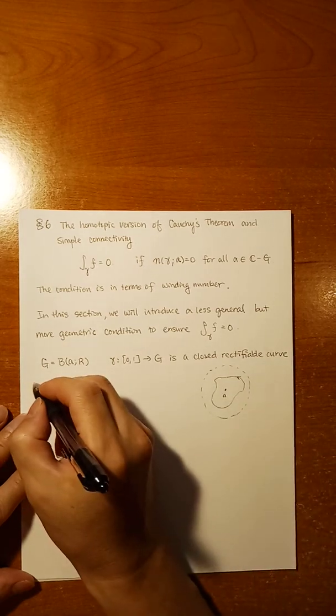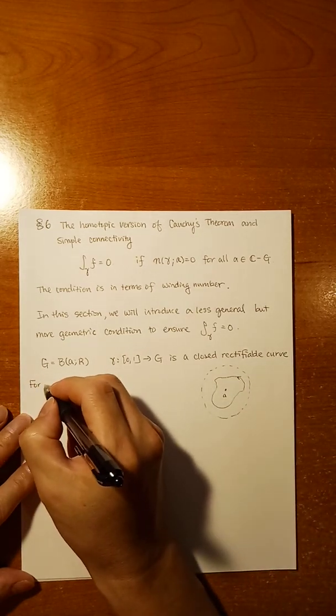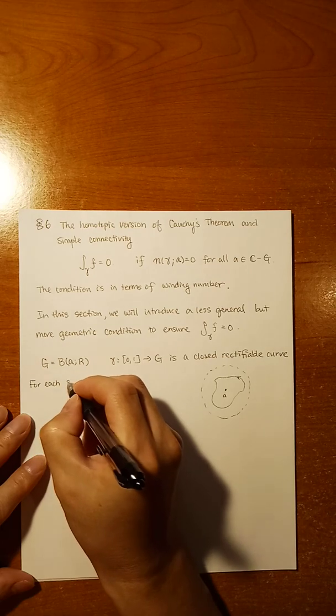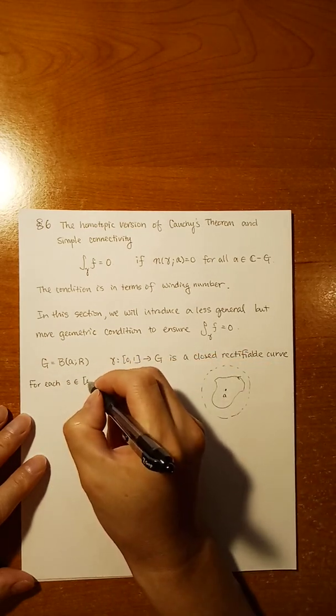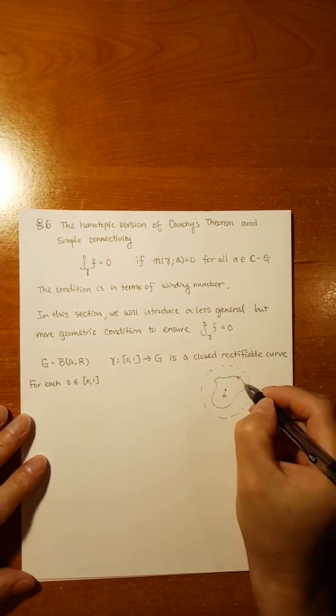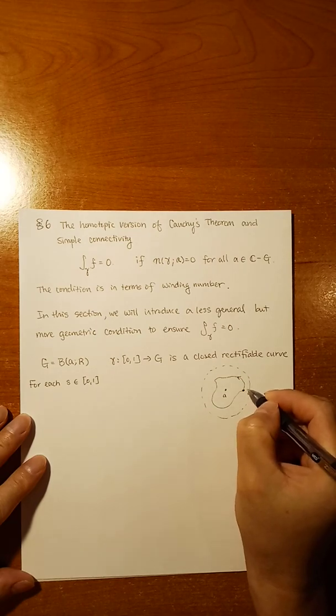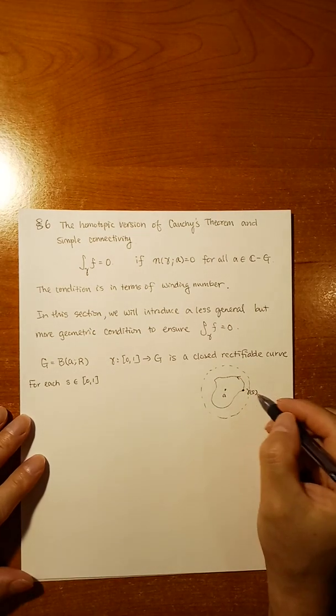For each s in [0,1], you will have a gamma s.